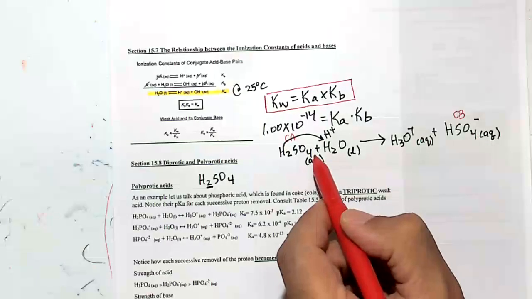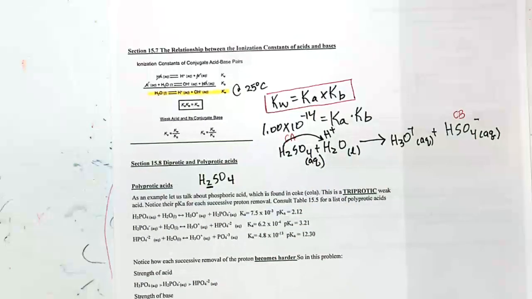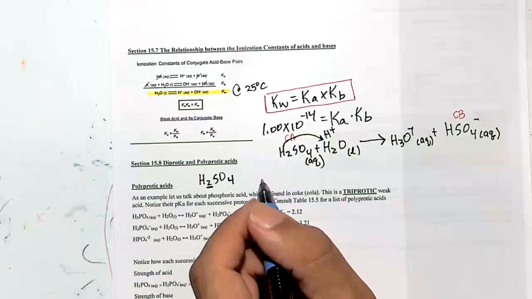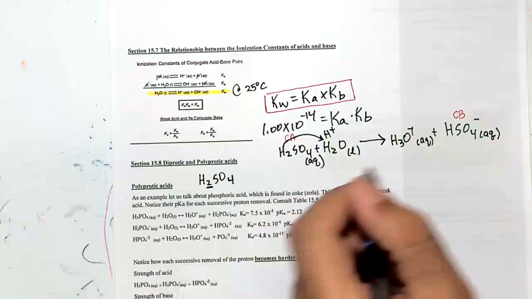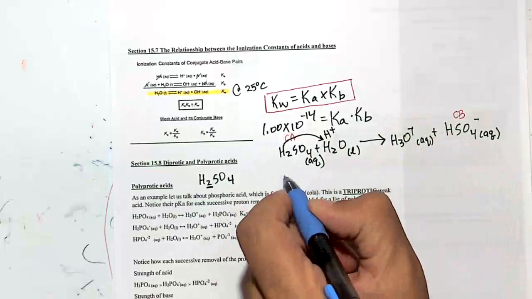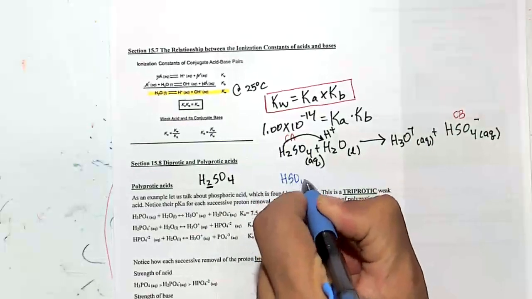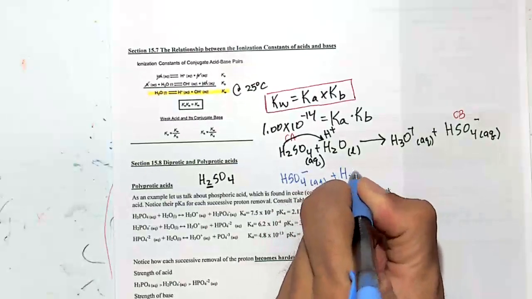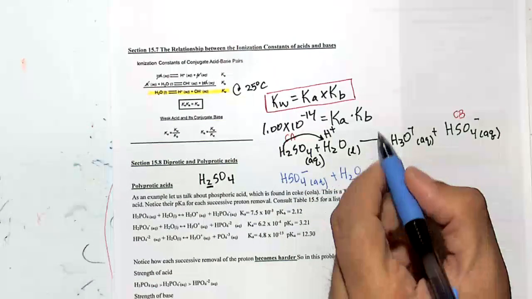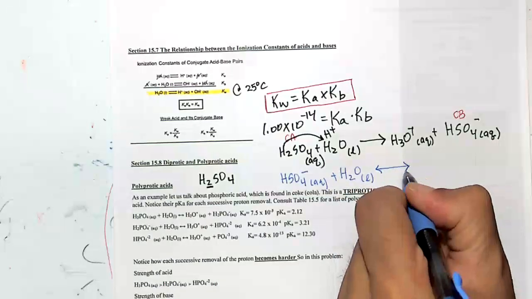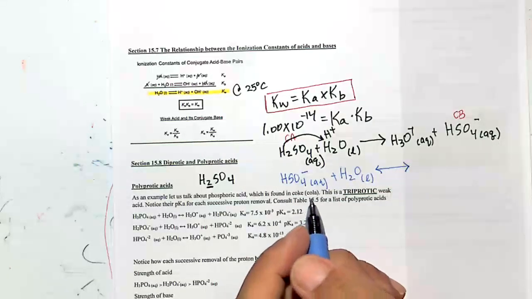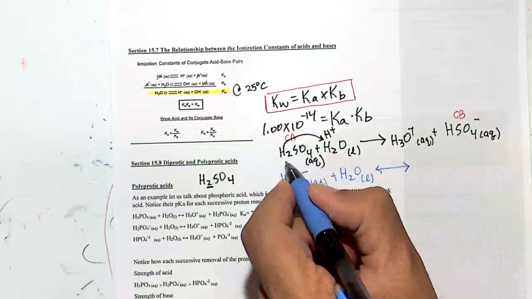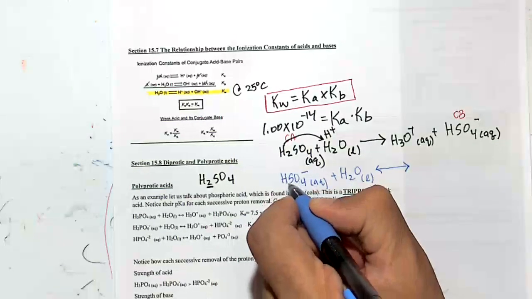Okay, so this is one of the 6 strong acids I told you to memorize. But remember, as Susanna mentioned, this is a diprotic acid, or 2 protons. So this can react with water. Okay, look at my arrows, okay? This arrow is back and forth because there's a Ka involved. It's not strong like the first proton.